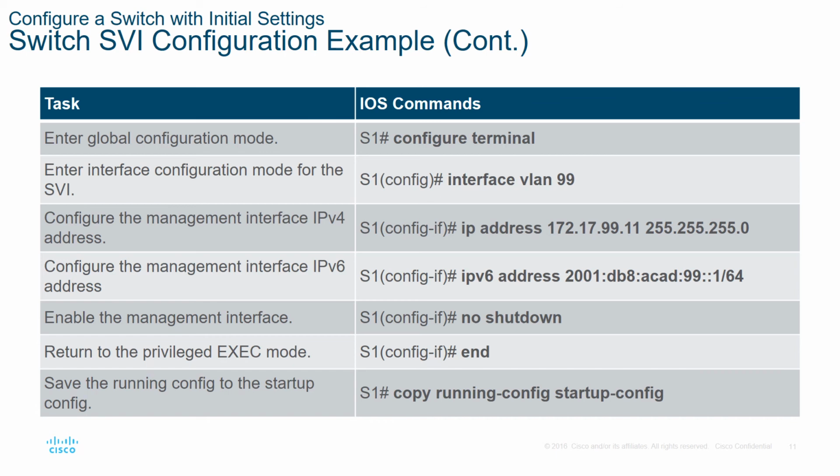Then you have to reload the switch after configuring the sdm prefer command. Only then can you configure the IPv4 and IPv6 address to the management VLAN. So don't forget that if you want to configure both IPv4 and IPv6 address for the SVI, you have to configure the command sdm prefer dual-ipv4-and-ipv6 default. This command is important.